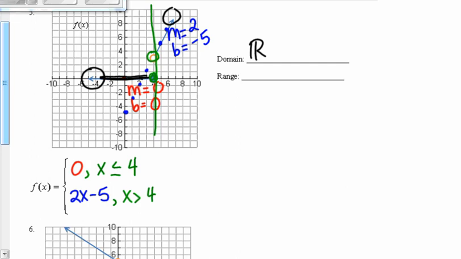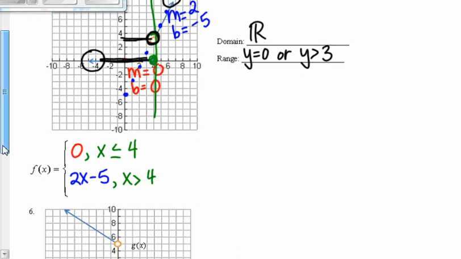It doesn't go up, it doesn't go down, so the range of that is y equals 0. Or, if we look at this graph, it starts at the y value of 3, and it goes up from there. So I'm going to say greater than. Notice I did not include the equal to there because that part of the graph, again, started with that open point. So that's your equation and your domain and range of the first one.